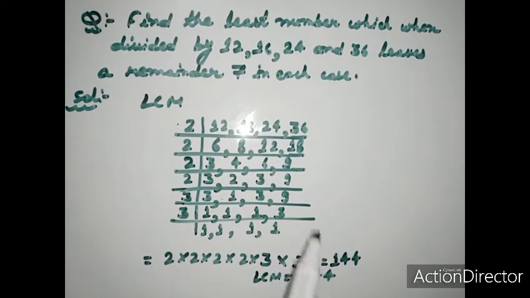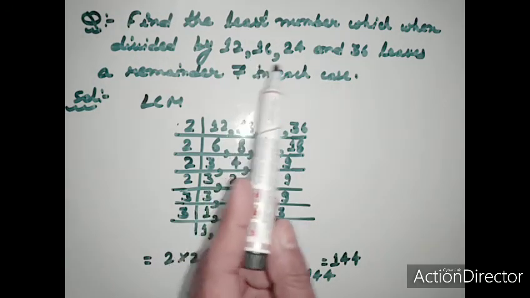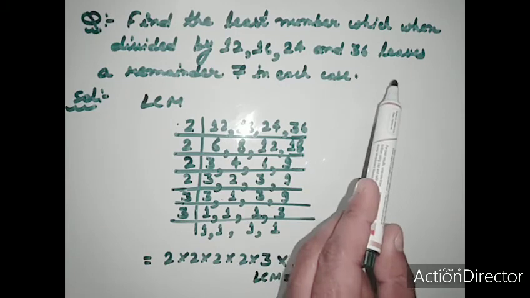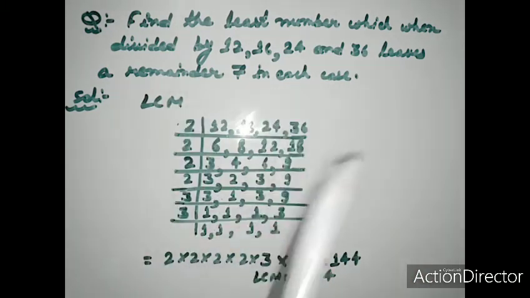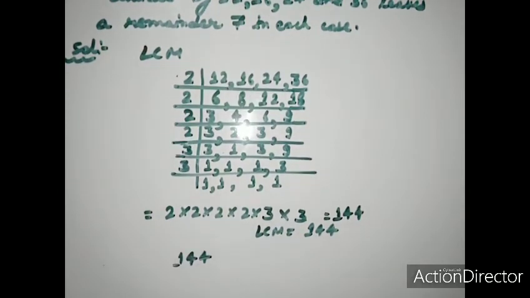So dear students, when we divide the least number by 12, 16, 24 and 36, it leaves remainder 7. So what we do here, we add 144 plus 7. So here we get 151.